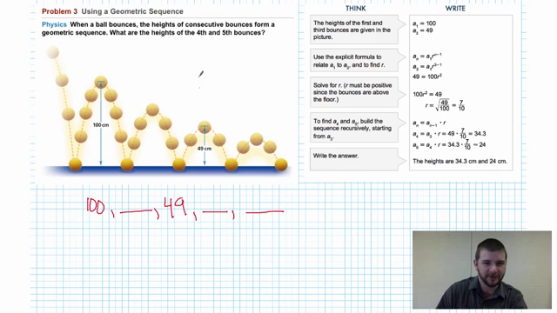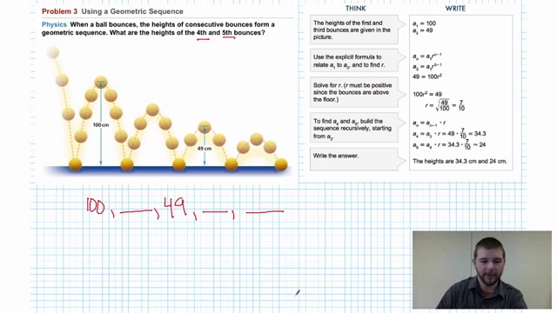And I've inserted these extra spaces because I recognize that the problem is asking for the heights of the fourth and fifth bounces. So we know the first term, we know the third term, and we're told that this is a geometric sequence.